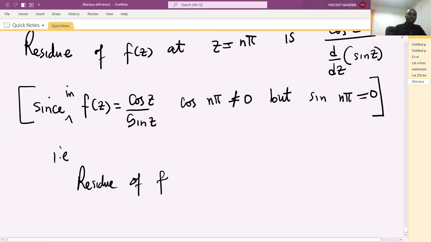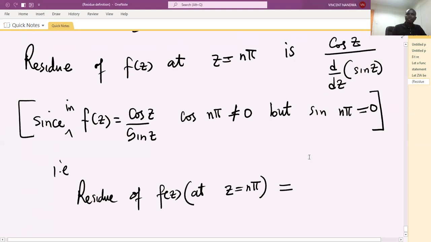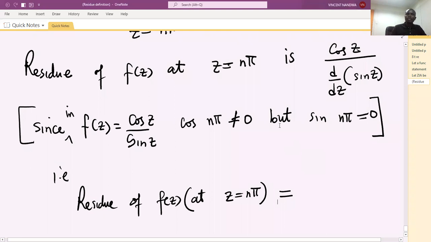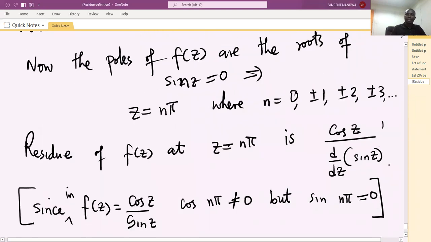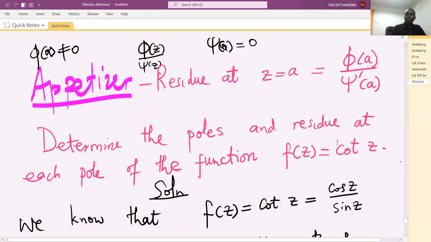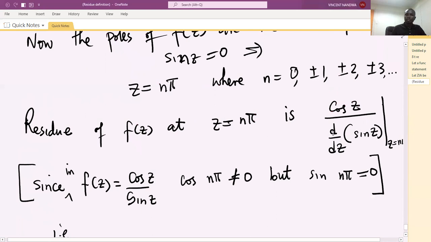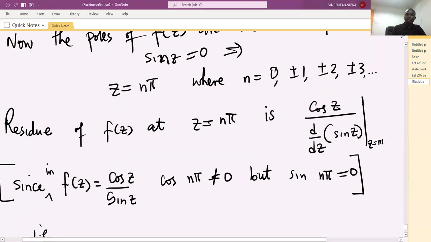So the residue of f of z at z equals to n pi is given by, and remember this, we calculate the values at z equals to n pi.